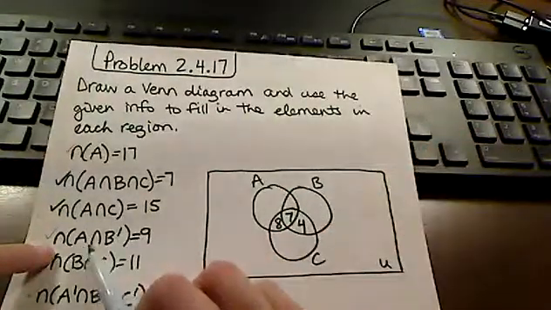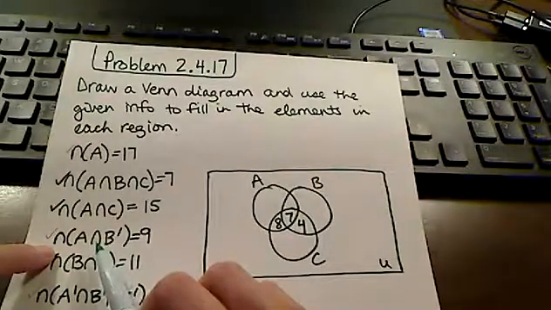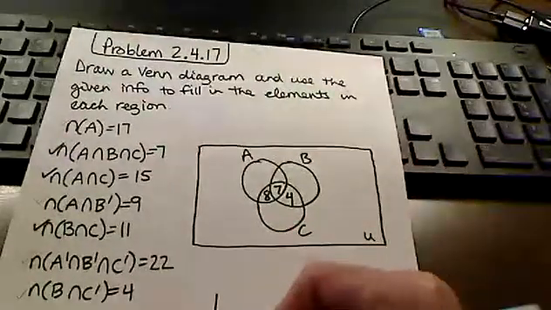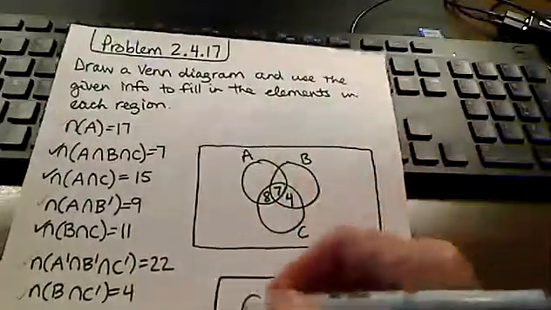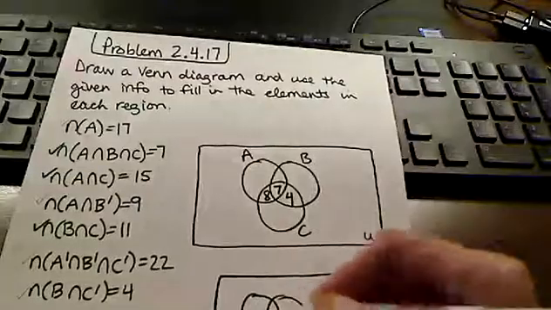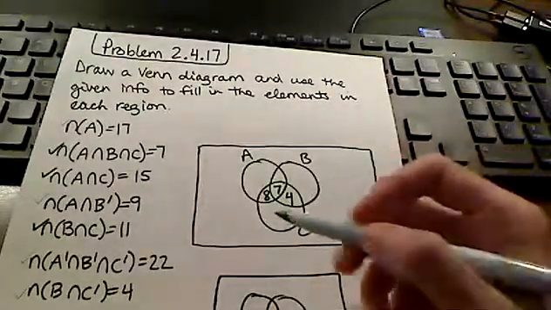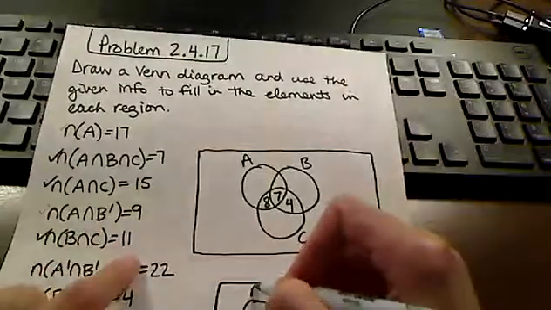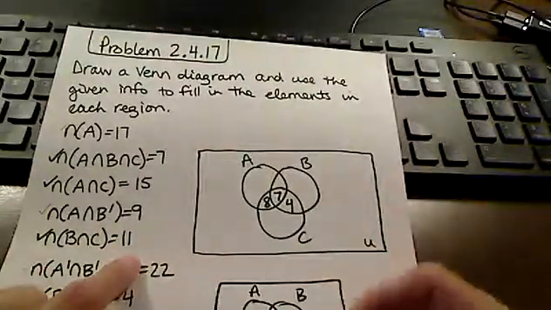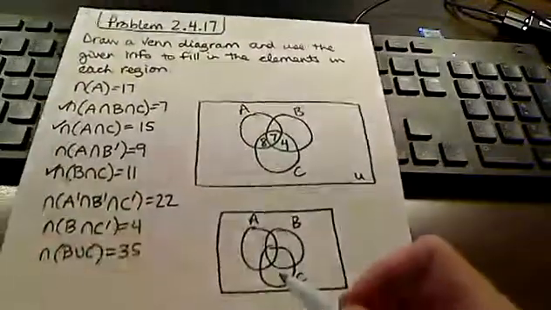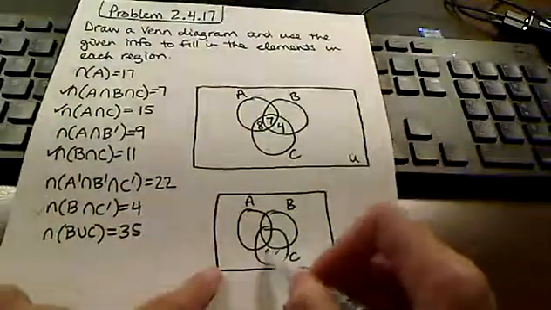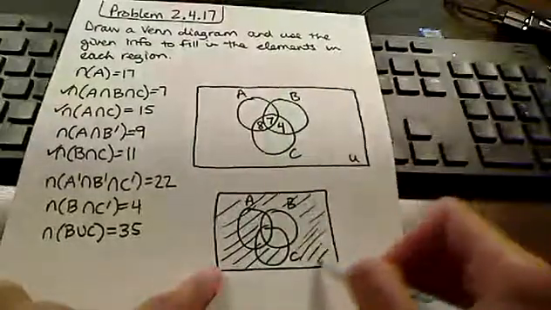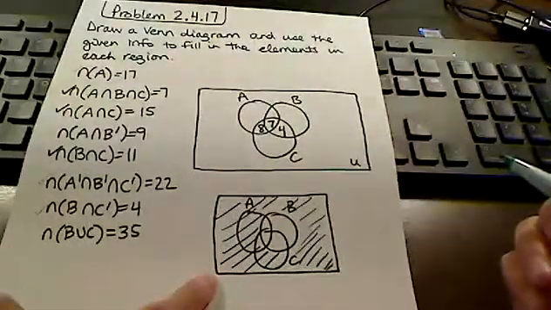Let's look at this. Number of elements in A intersect B naught is 9. Just to give you a little picture of what A intersect B naught looks like: that would be the intersection of what isn't in B but is in A. If we're on the outside of B, that's all of this, anything on the outside of B. That's B naught, what I've shaded right there.